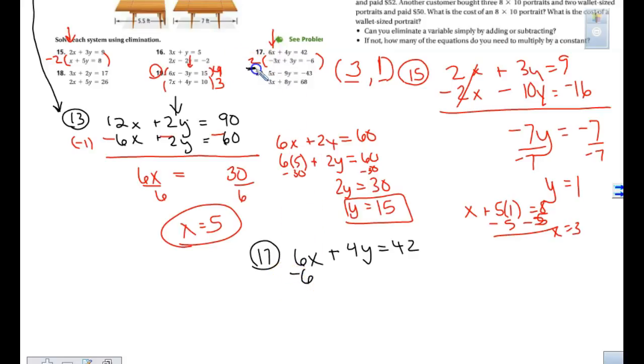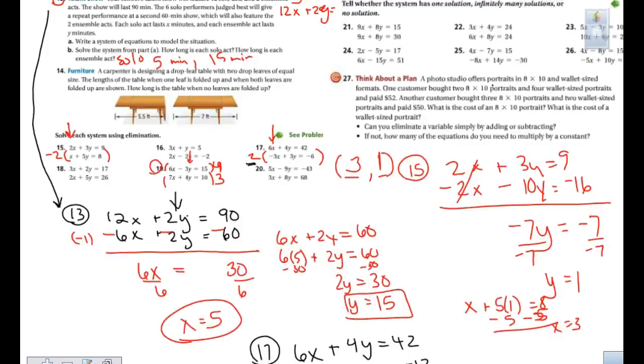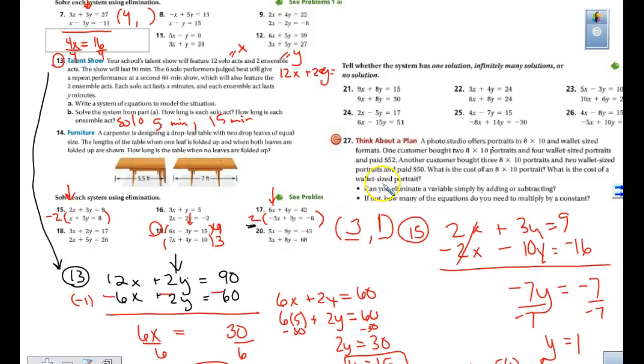So up here we have 2 times everything. So I'm going to have negative 6x minus 6y equals negative 12, and from there you should be able to do that properly. Okay. And if you're struggling, we need to look at that.